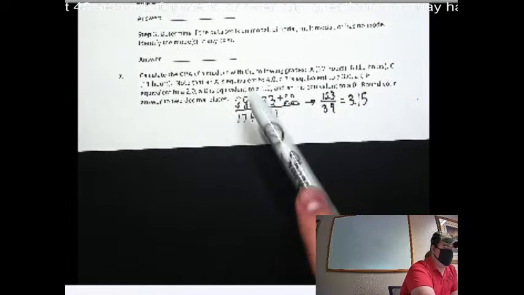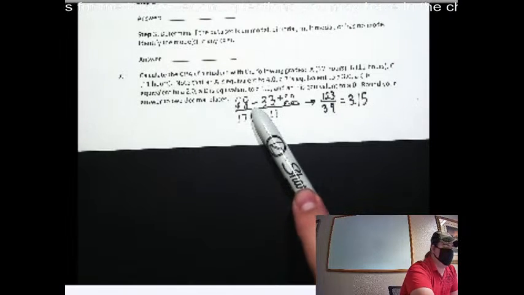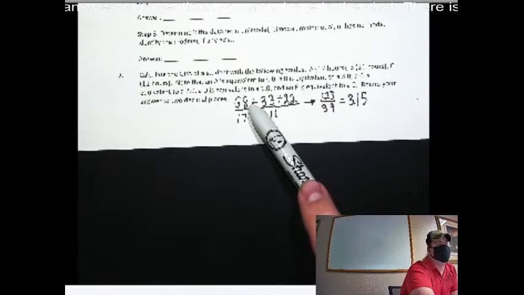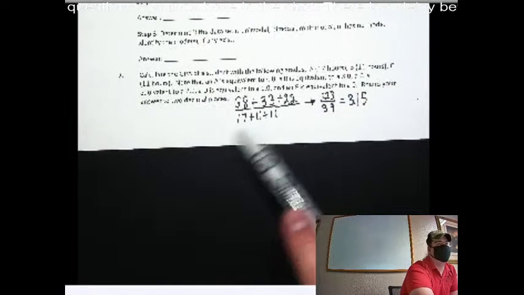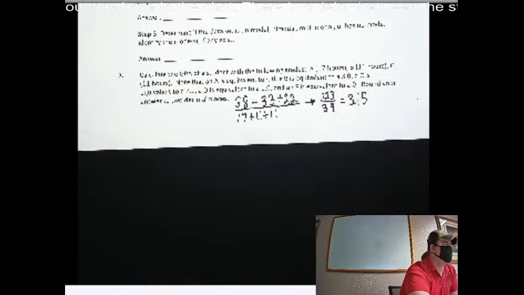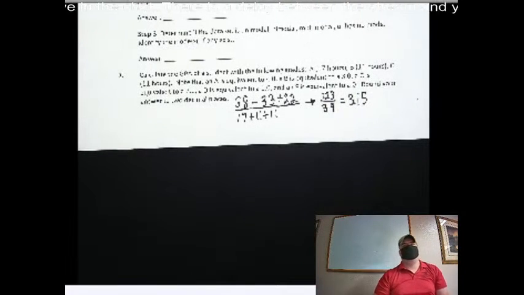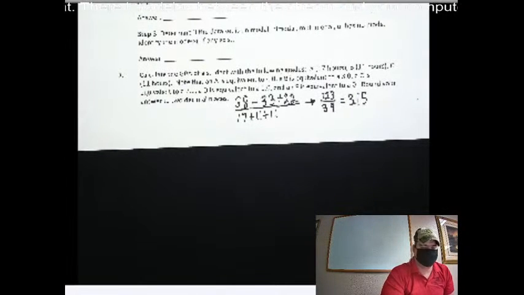And then we are taking the grade points earned and dividing it by the available grade points. Any questions? None?